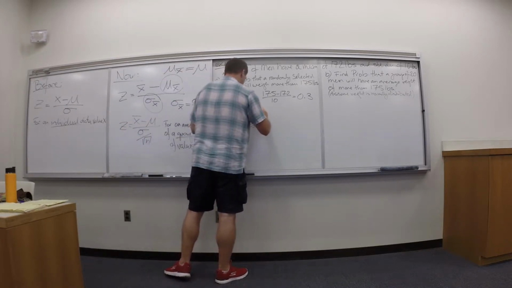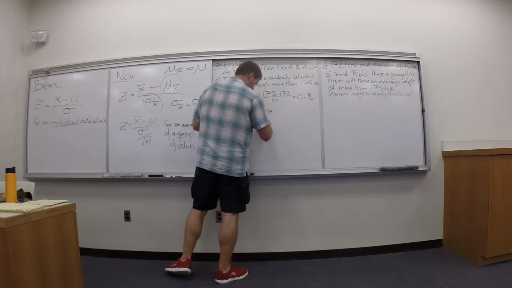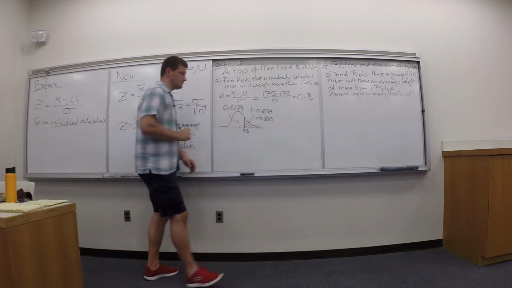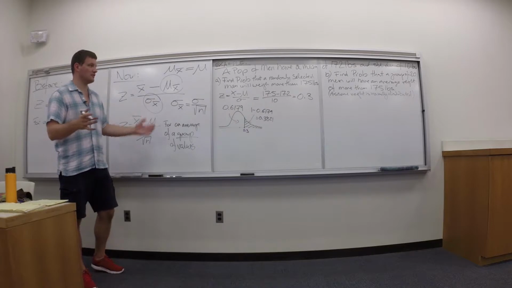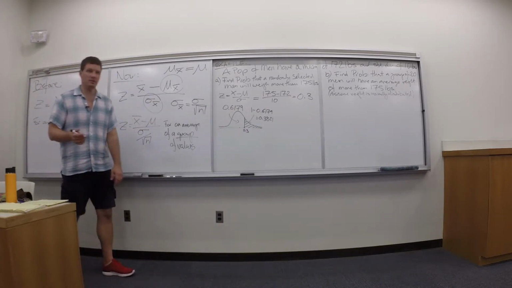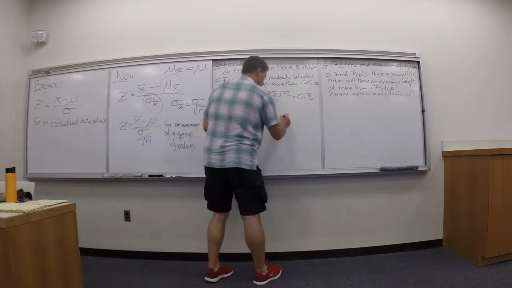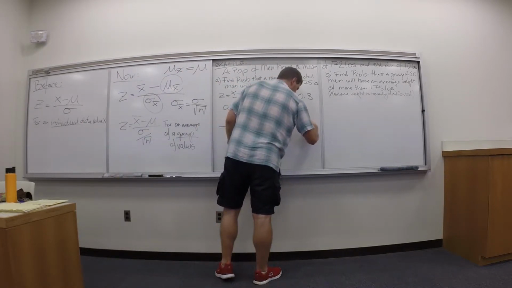So this is 1 minus 0.6179, which comes out to be 0.3821. And the answer is: the probability of randomly selecting a man that weighs more than 175 pounds is 38.21%.